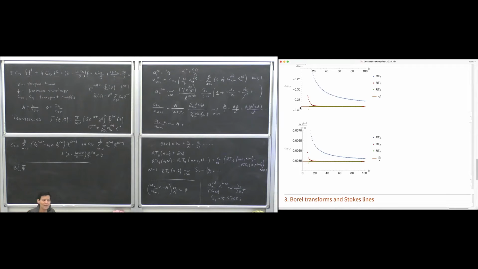But then I'm not dividing by the exact factorial growth, right? Because I know that the factorial growth is n plus k, and if I divide by n factorial, which is the natural thing, I wouldn't get it. And let me say that it's convenient. The reason why it's convenient is that if you do have the exact factorial growth removed, in the Borel plane, you end up with log cuts.